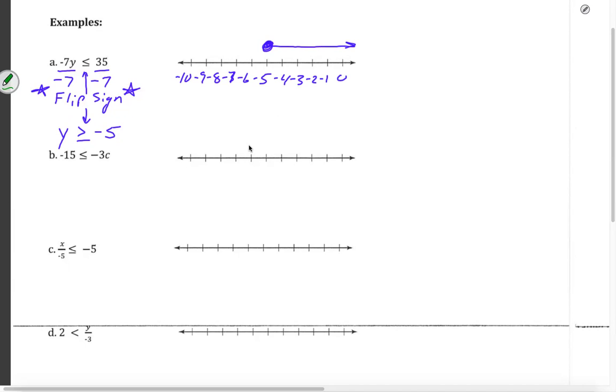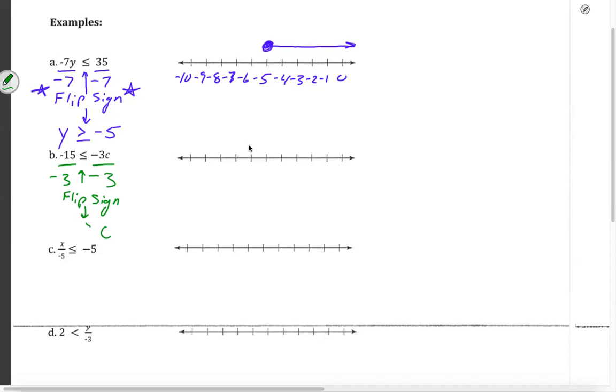Grace, what do I divide by here? Yeah, and B. What type of 3? Positive or negative? Negative. So I'm going to divide by -3 here. So I have to flip my sign, and I have the -3's canceling out.